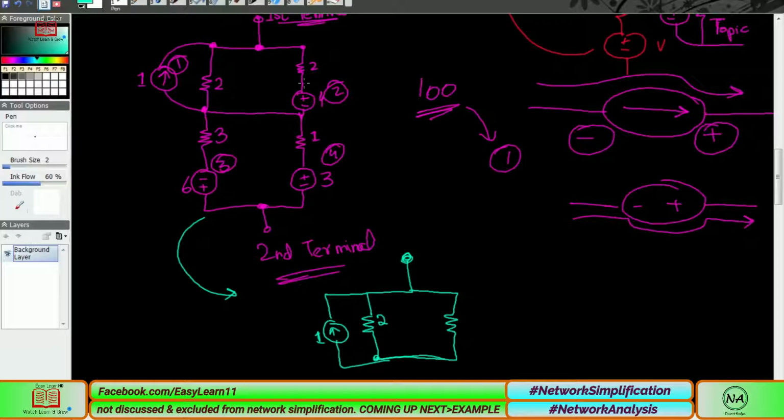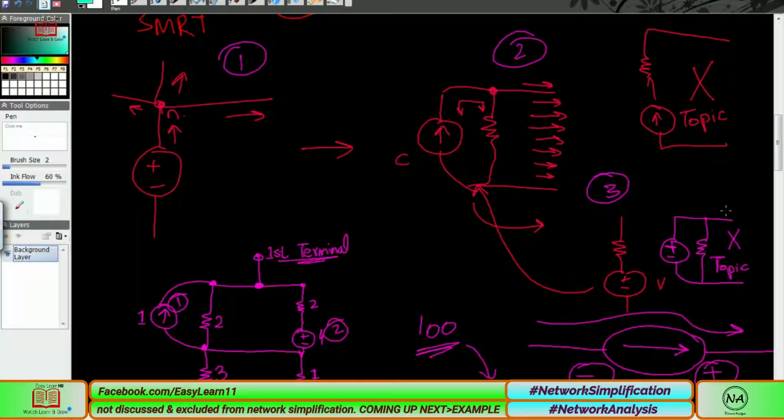All other elements that are in parallel with voltage sources are beyond an exam. We are not going to discuss them. Before analyzing, the best way is actually to short them or open them, because we are not interested in them.